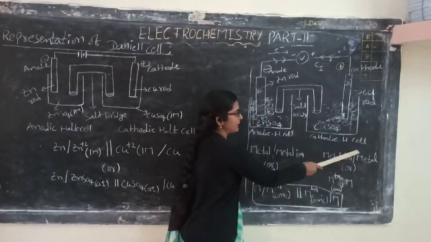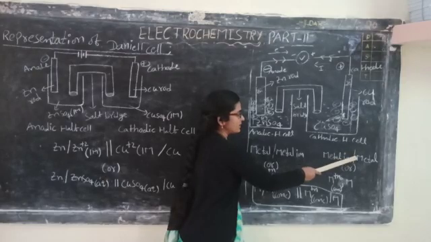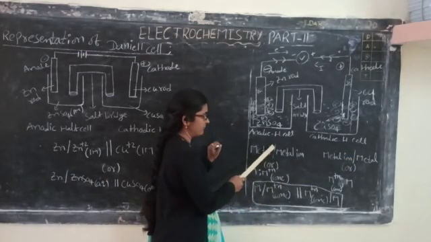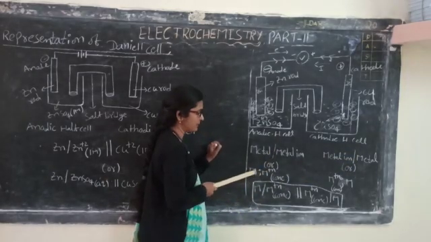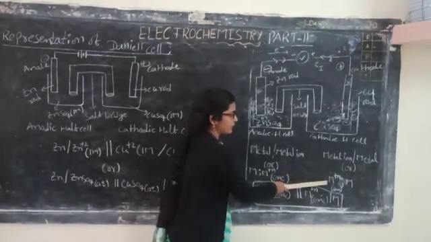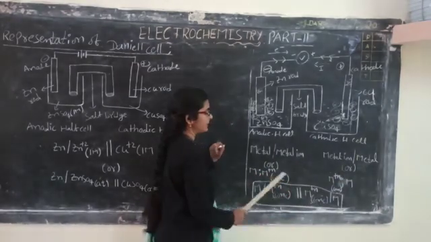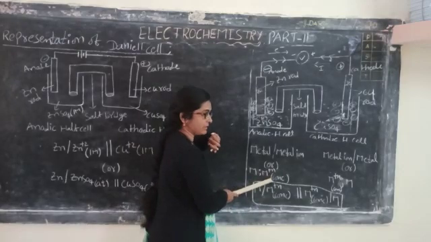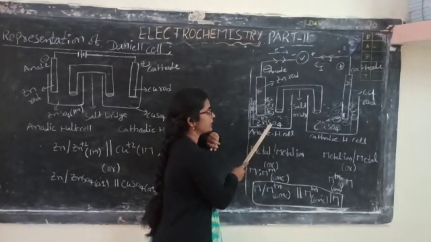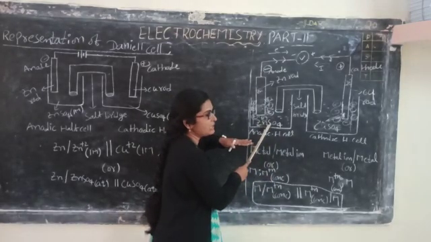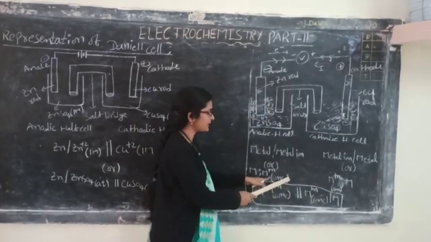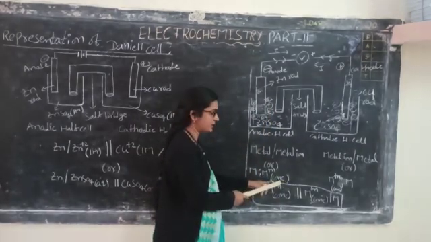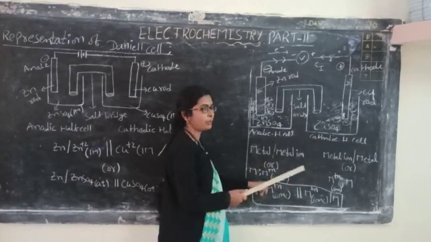In place of the slash we can also use a semicolon: metal semicolon metal ion semicolon metal. Here we also write the concentration. If the electrolytic solution has a concentration, that concentration is represented in brackets, whether it is 1 molar or 0.1 molar.